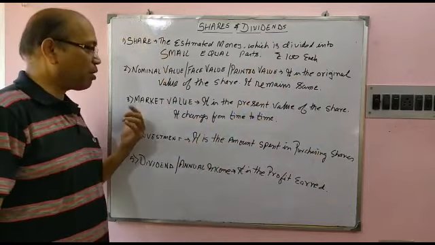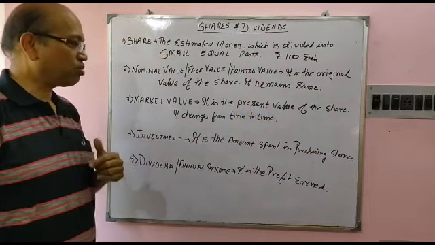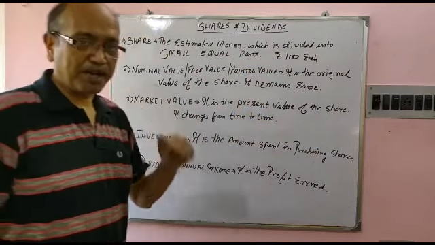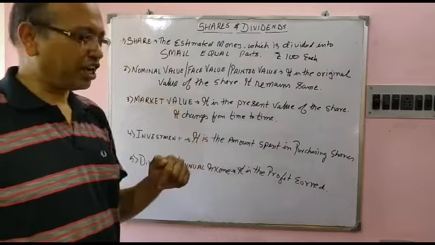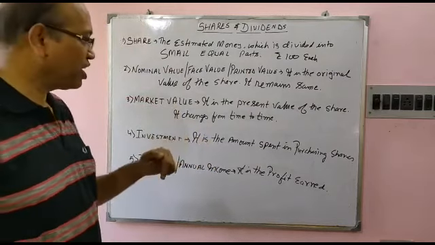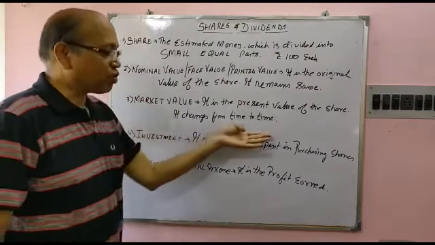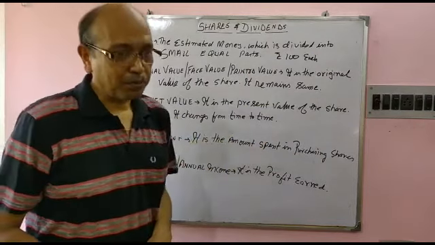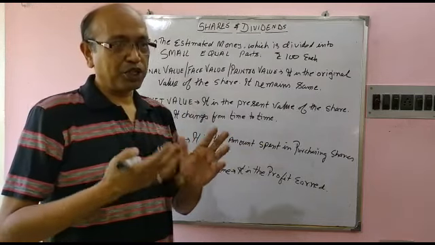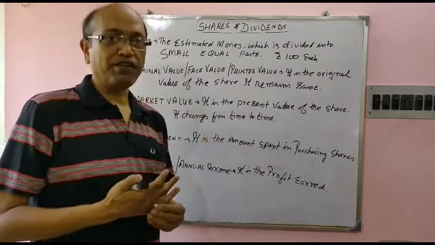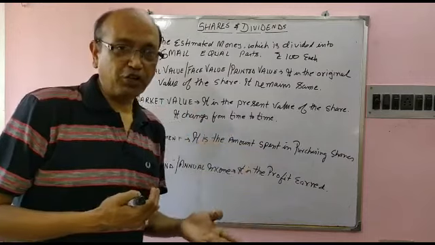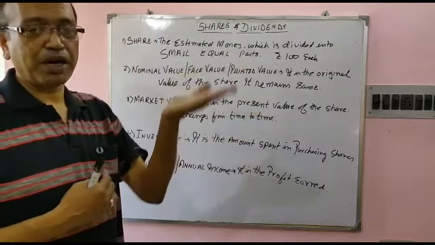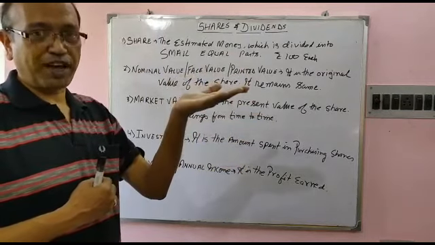The next is the market value. What is the market value? It is the present value of the share. It changes from time to time. It changes from time to time means, suppose the company which is being formed is doing very good, then the value of shares rises above the nominal value.